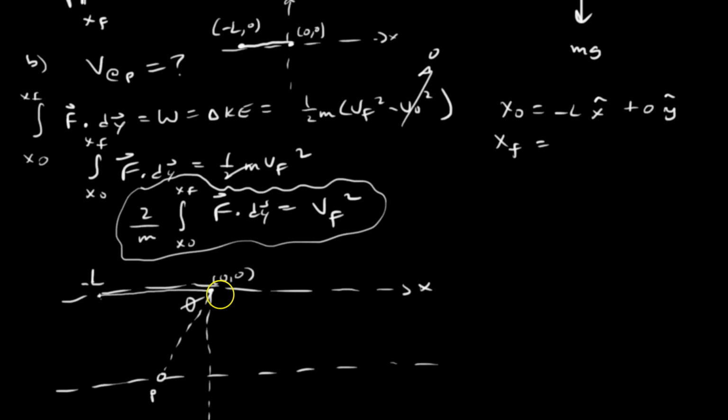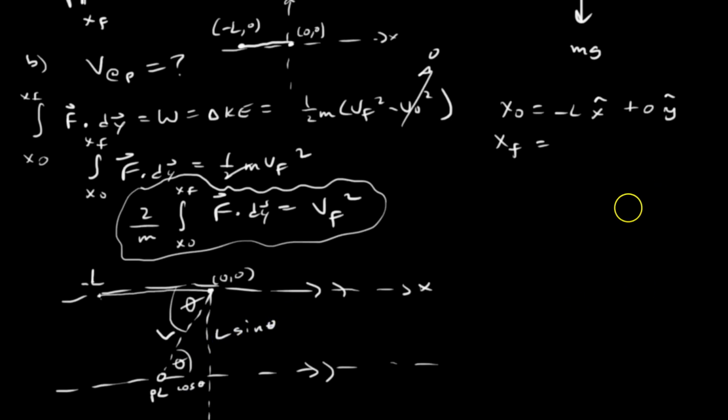Now look, these two lines are parallel, so this is a transversal. That means the alternate interior angles are going to be equal. And since we know that this is L, we can see that over here is going to be L times the cosine of theta, and the opposite is going to be L times the sine of theta.